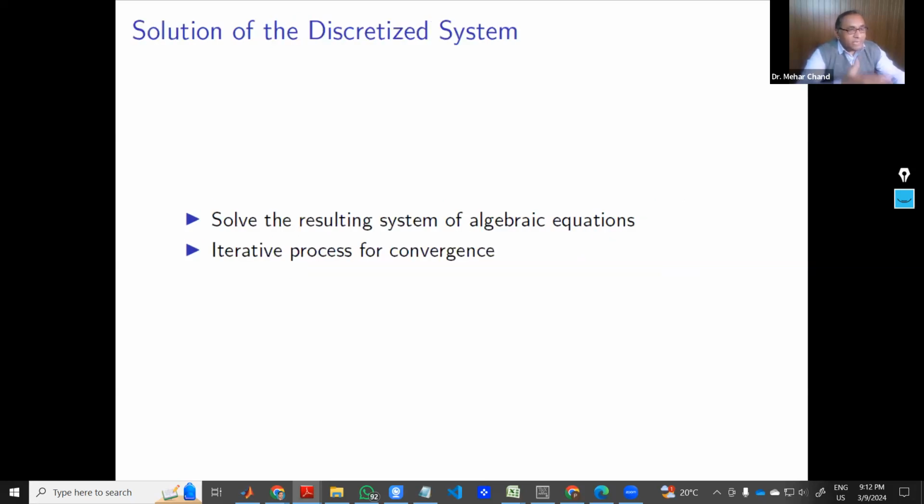Then when we apply this to the discretized system, we will have a system of algebraic equations, and we will apply an iterative process for convergence.